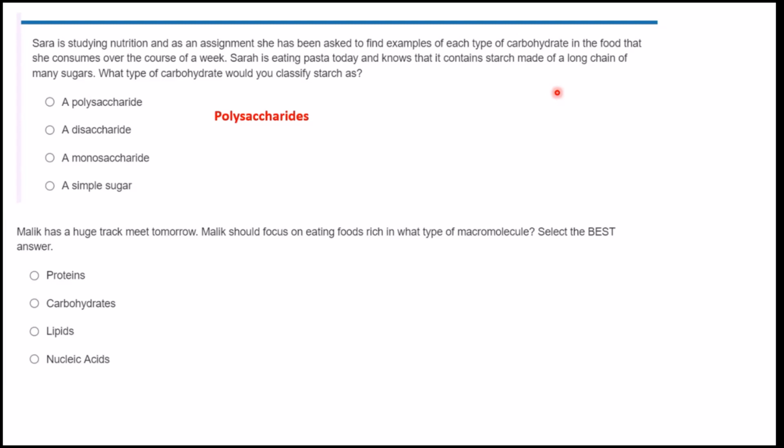Protein, carbohydrates, and lipids are all macronutrients, which means they are made up of macromolecules. How are we answering? I think it will be carbohydrates, since he is running, he needs energy. So basically the macromolecule that he needs to get energy from will be the carbohydrate.